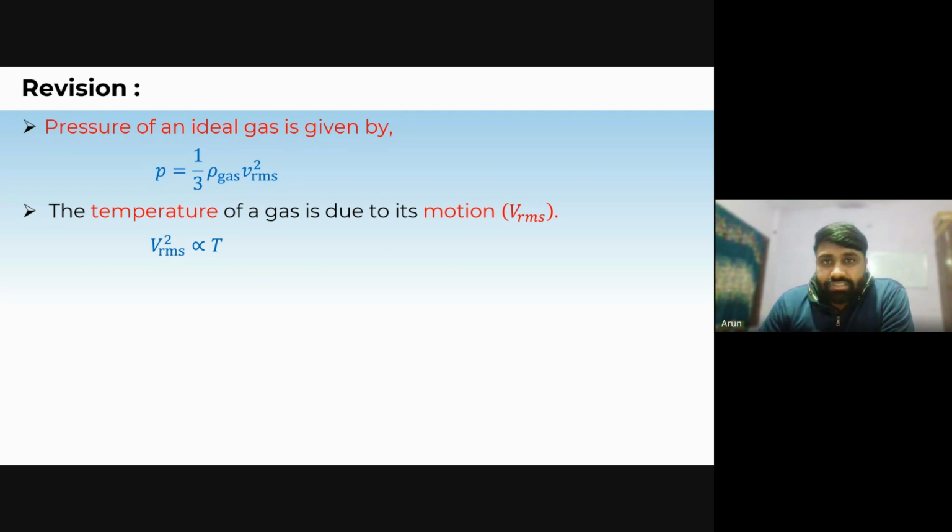For that, first you have to square the velocity, then you take the mean of this, and then you take the square root. So this resultant is termed the VRMS, root mean square.